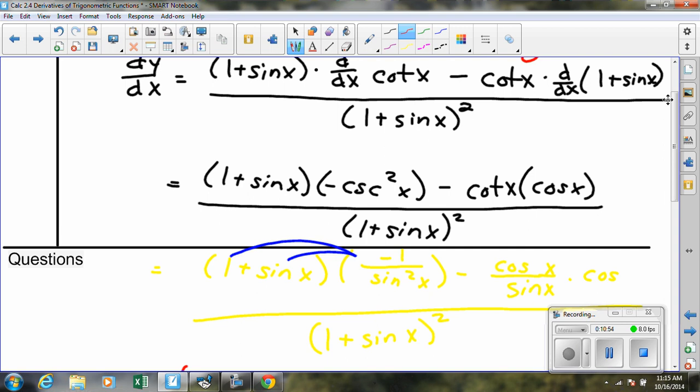In large part, it depends on what you're trying to do with it. If you want sines and cosines, you do it. If you want to try to solve when the derivative is equal to 0, or if you want to take another derivative, a lot of times it just depends on what you're trying to do with it. Different strategies wind up playing a role all over the place.